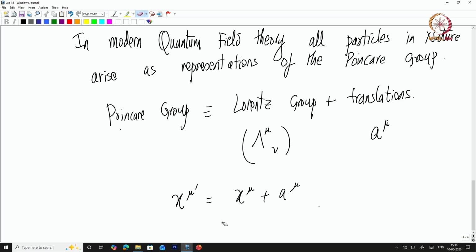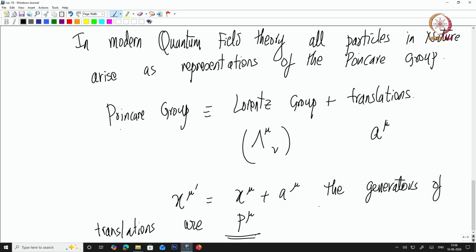So, the generators of translations are nothing but p mu. So, p mu is the momentum essentially, 4-momenta. So, the Poincare group has generators which are M0i, Mij and p mu.